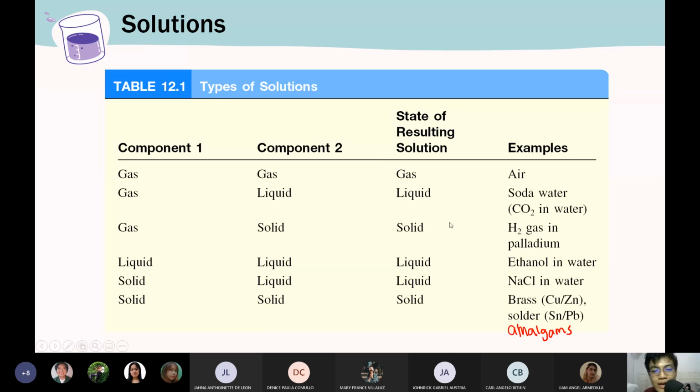And, ayan, liquid solutions. So, basically, the most common thing around us is our solutions in liquid phase. Ito yung nasa dugo natin, nasa iced tea, nasa alcohol, nasa sabaw ng dinner natin mamaya. So, almost every solution around us ay yung liquid.